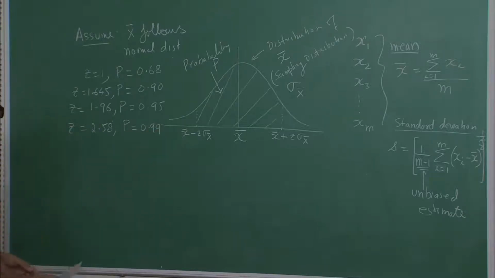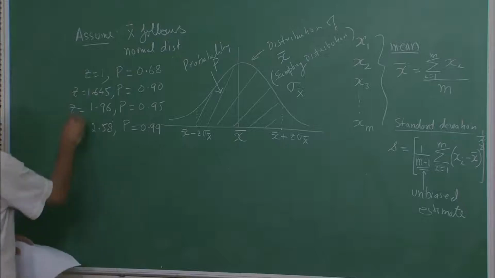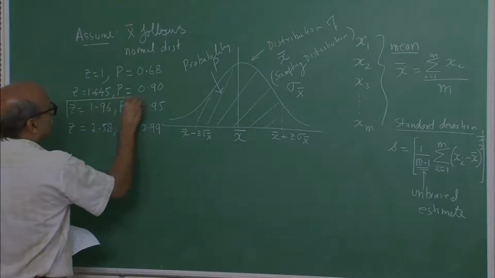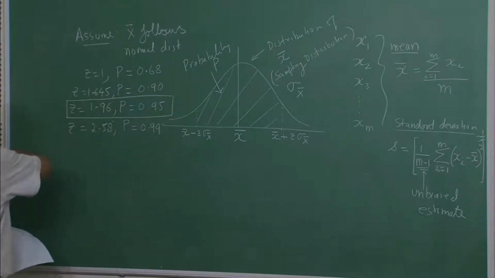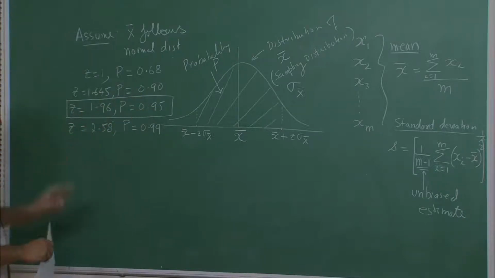Now, obviously, you can have many other z values, but very often we use a particular value of z equals 1.96, or 95%.